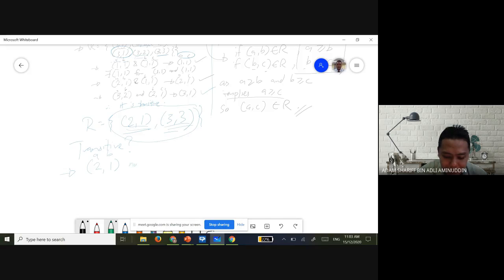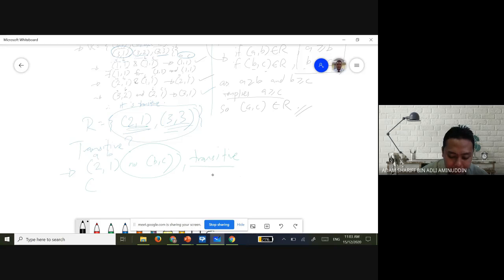No BC. So my point right now, kalau kita tak ada condition BC tersebut, maka dia transitif. Kerana kita tak jumpa dia punya BC. Argument ni sama dengan antisimetrik tadi. Kalau 2-1 tak ada 1-2, you don't need to check for AC. Therefore, it is transitive.